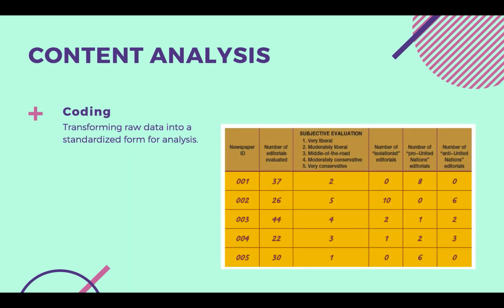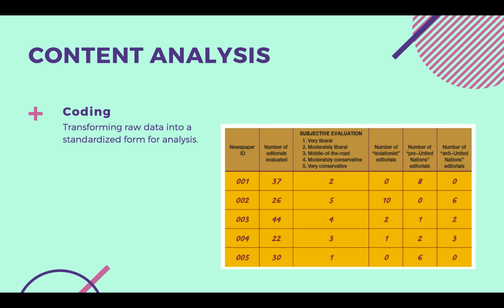Coding. So when we're talking about coding, we're talking about transforming these raw data into something standardized that can be used for analysis. Here you have an example of a researcher looking at newspapers and trying to evaluate how liberal or conservative these newspapers are. So a person says, newspaper 1, the New York Times. We looked at 37 editorials from within the New York Times over a long span of time, and I coded it as a 2.